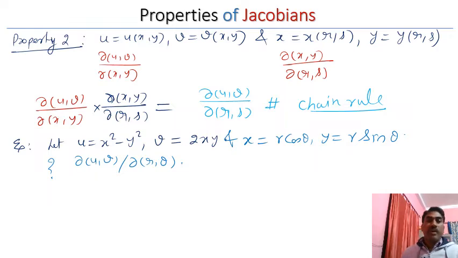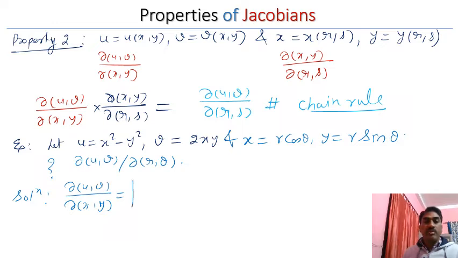So we will apply the chain rule. So how will we apply the chain rule? As a thumb rule, u and v are functions, x and y are variables. So we will find the Jacobian of uv with respect to x and y.